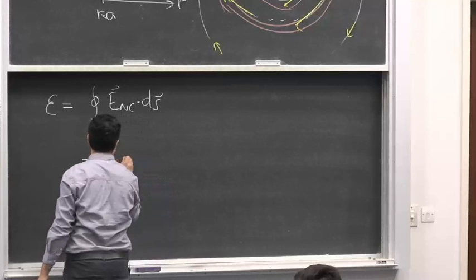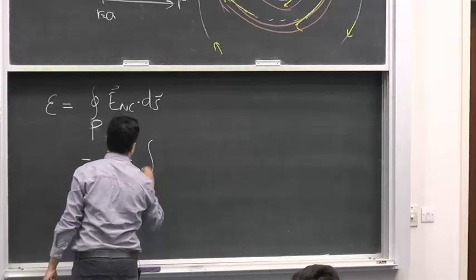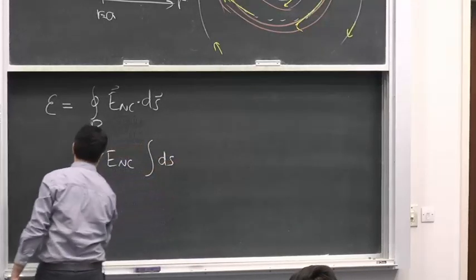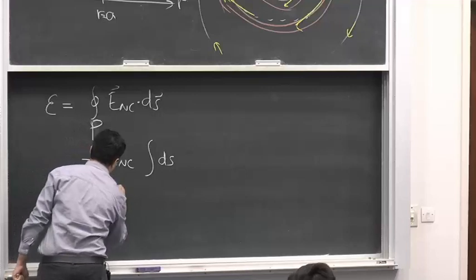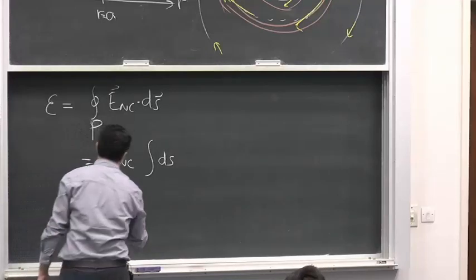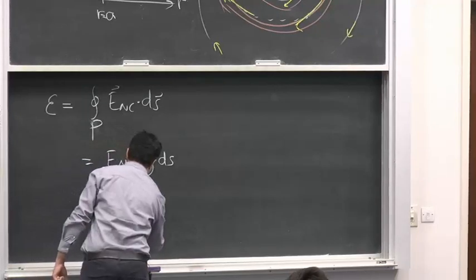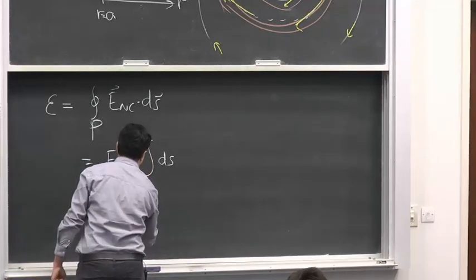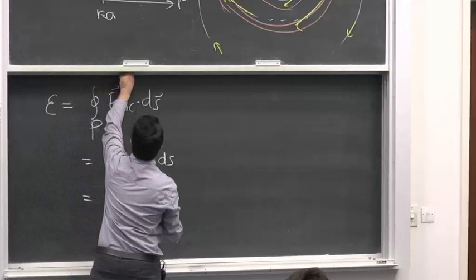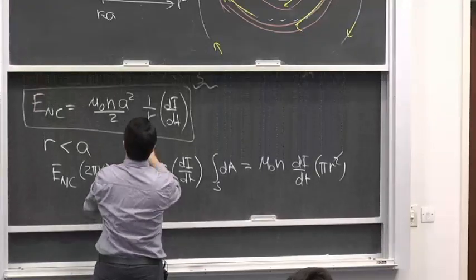That is mu naught n by 2, 1 over r, a squared, that is, mu naught n a squared over 2r.